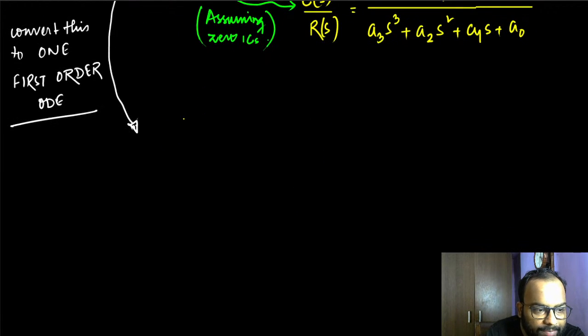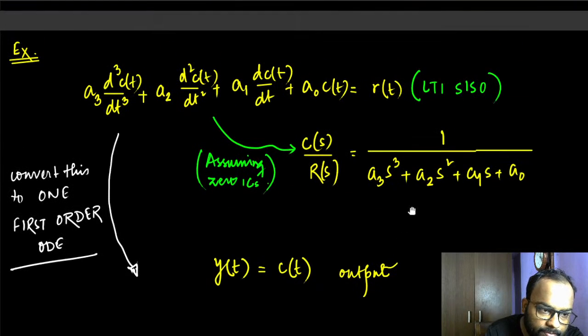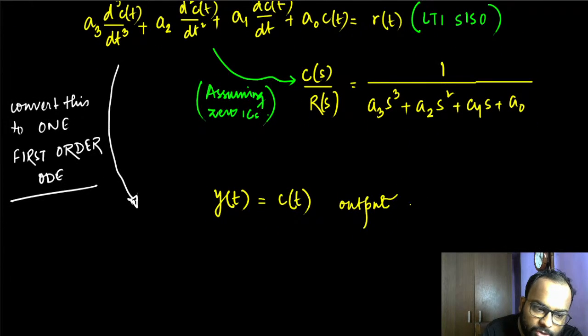So we usually write C as the signal representing the output, but here we are not going to use C to represent the output. Instead we are going to call it Y. Y is going to represent the output.